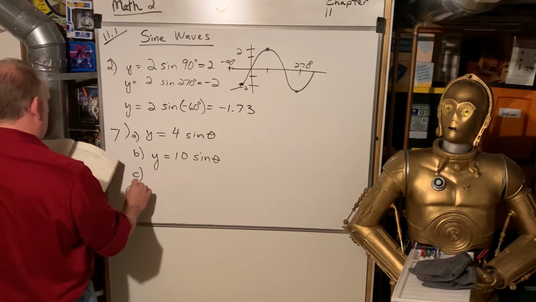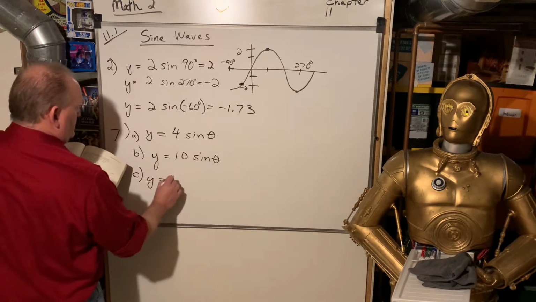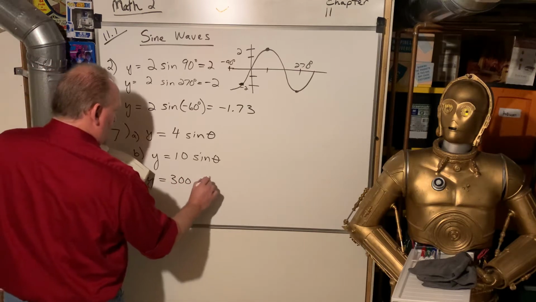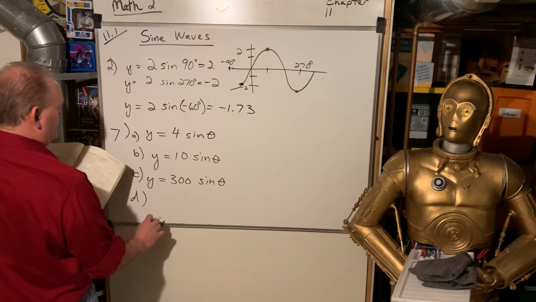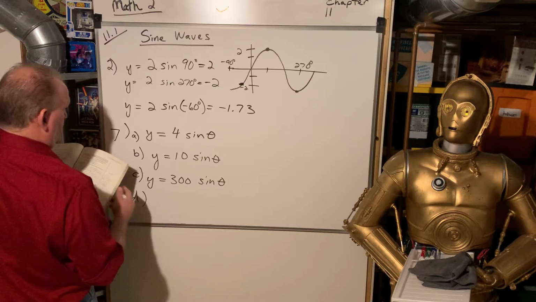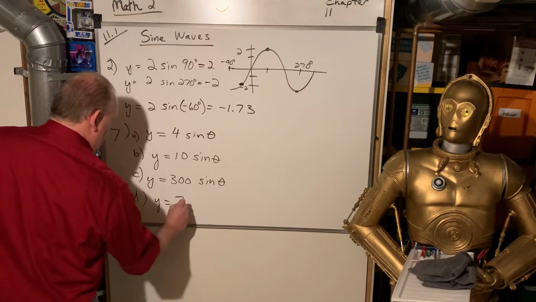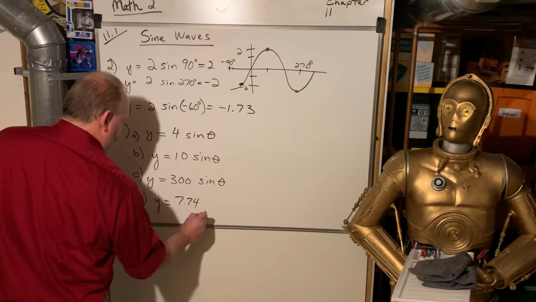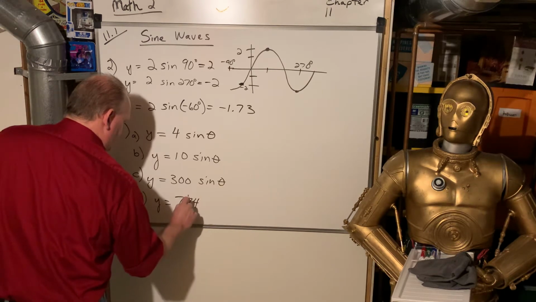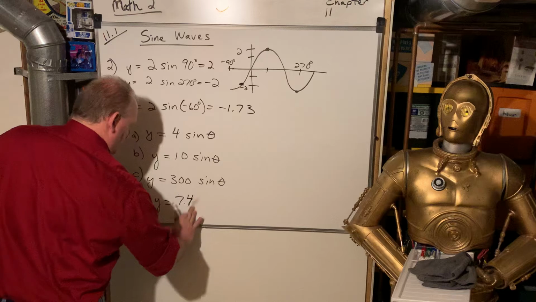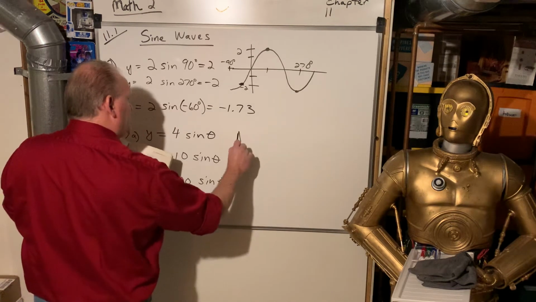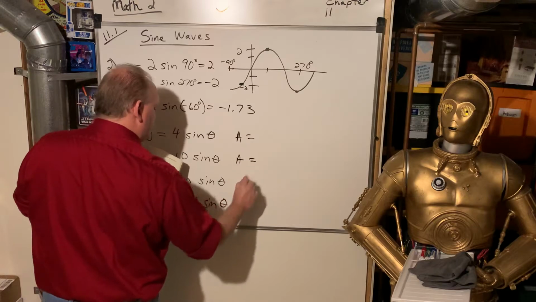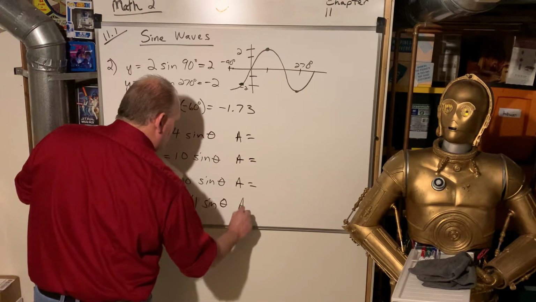C is y equals 300 sine theta. And D is y equals 7.41 sine theta. What was going on in my brain there? Okay, so amplitude is equal to, for each one.